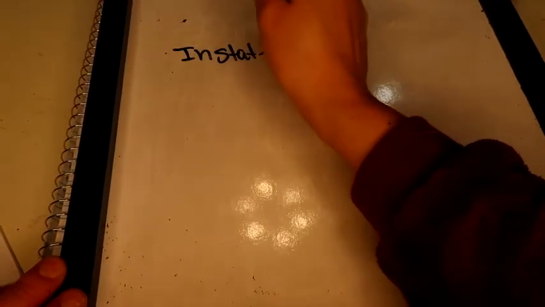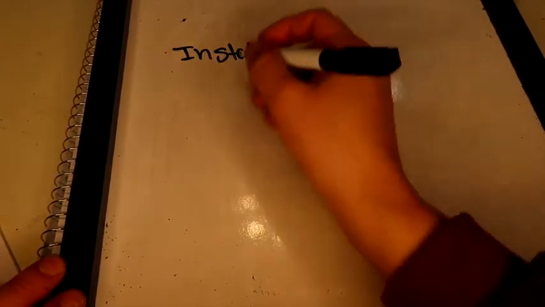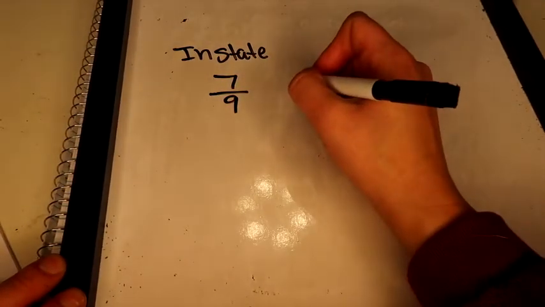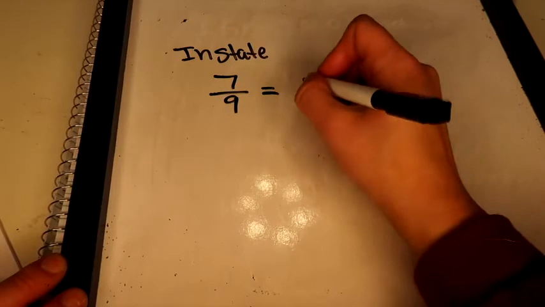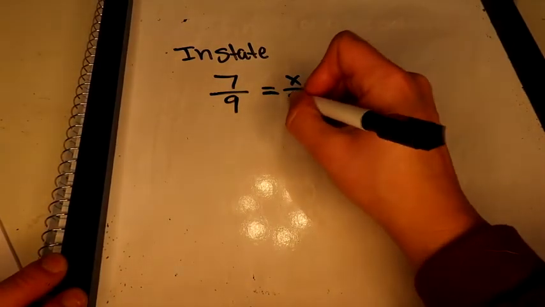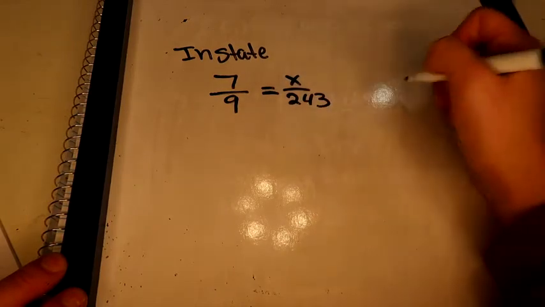Okay, so let's work this out. We have in-state, which would be 7/9 equals x over 243.